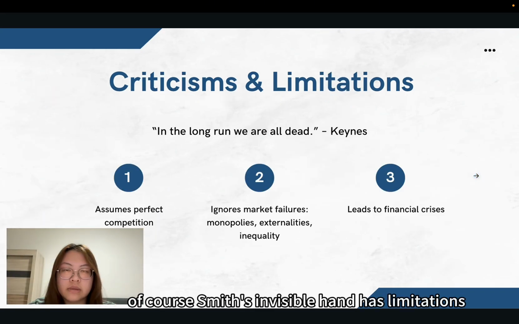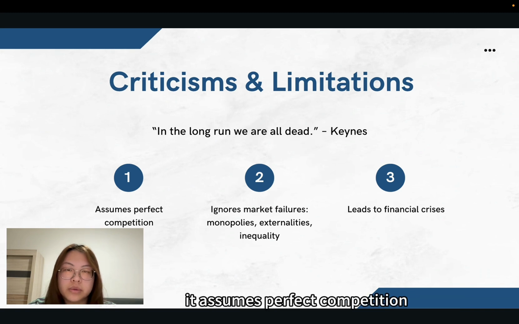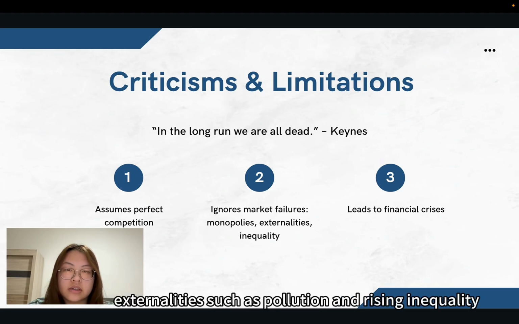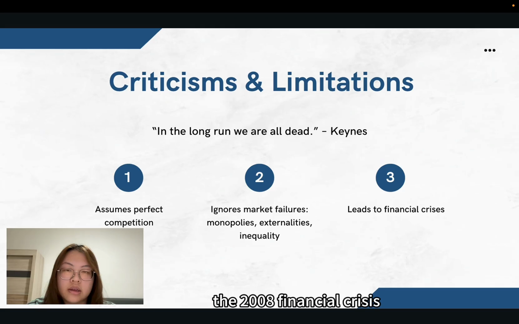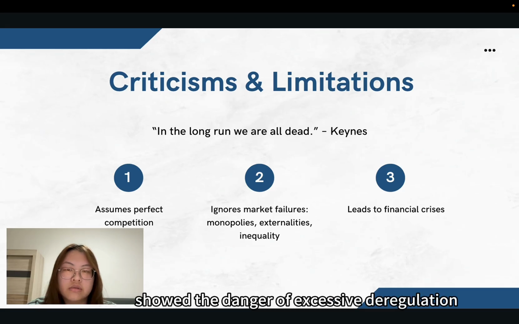Of course, Smith's invisible hand has limitations. It assumes perfect competition, but in reality, markets often fail. We see problems like monopolies, externalities such as pollution, and rising inequality. The 2008 financial crisis showed the danger of excessive deregulation.